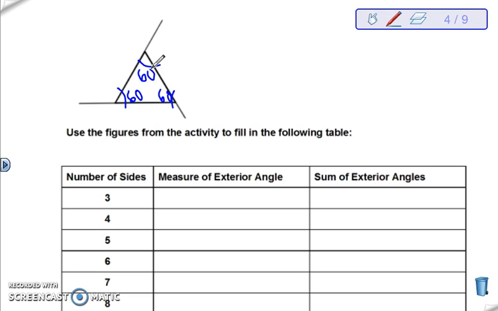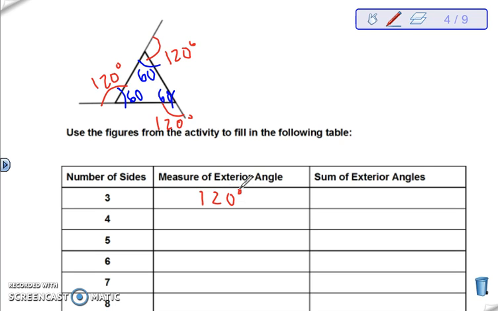We also know that the angles on the outside of the triangle, in other words, the angles formed by extending each of the sides, will form linear pairs with the angles on the interior of the triangle. So each of these guys would end up being 120 degrees. So if there are 3 sides, each exterior angle is 120.